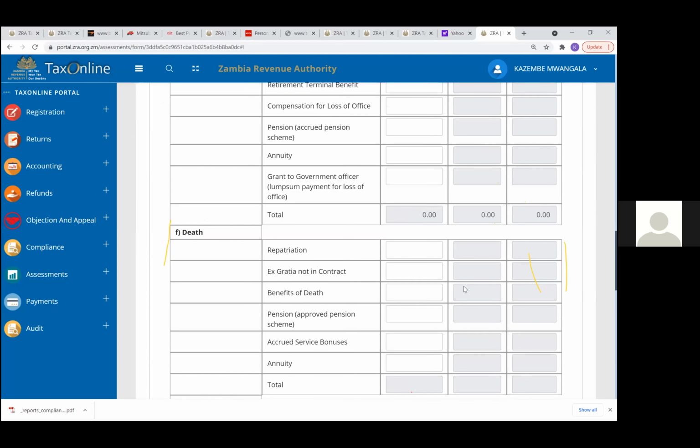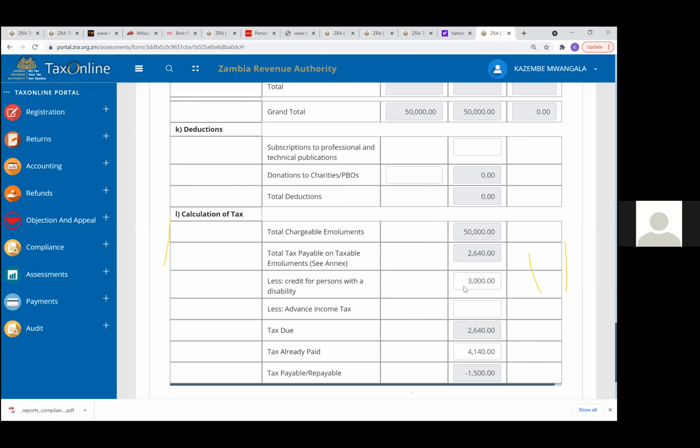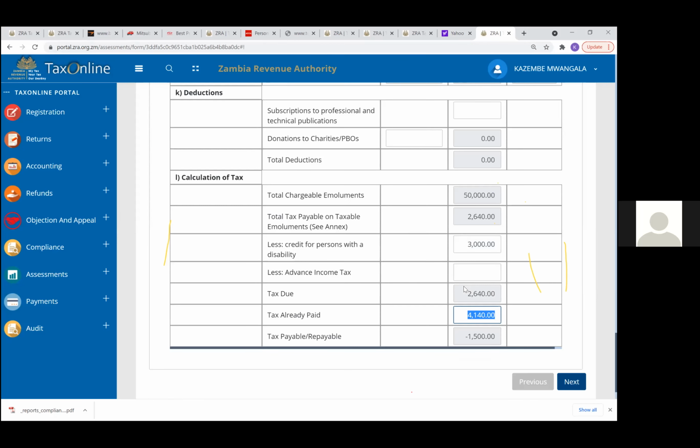So in this case, on the 50,000, if it was taxed correctly, the tax already paid will be 2,640 kwacha as per payslip.